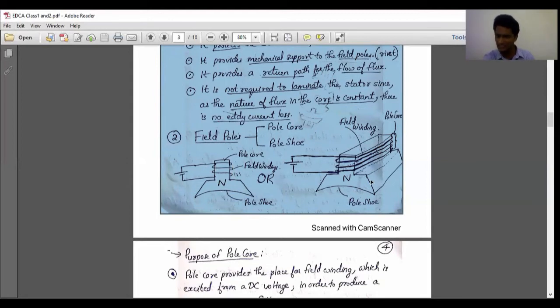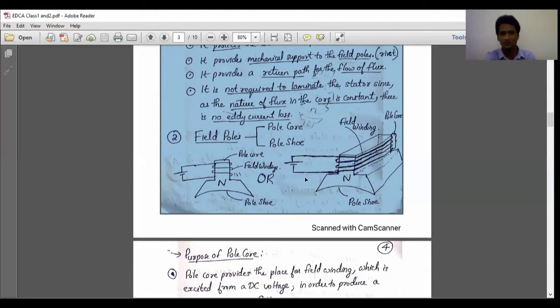In the 3D representation, it is clear that the winding starts from here and is wound along the entire length, taken back through this and wound again. In this manner the field winding is wound and taken out to the negative terminal of the battery, and thus we are giving DC supply to the field winding.